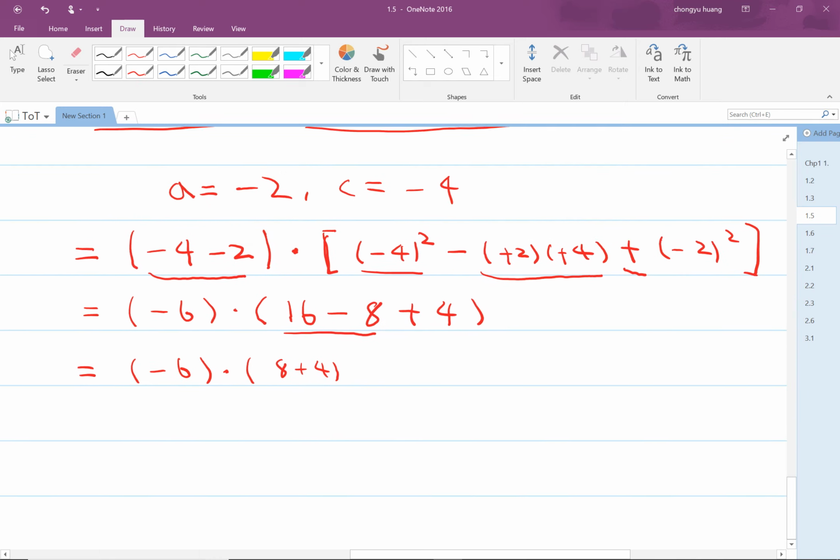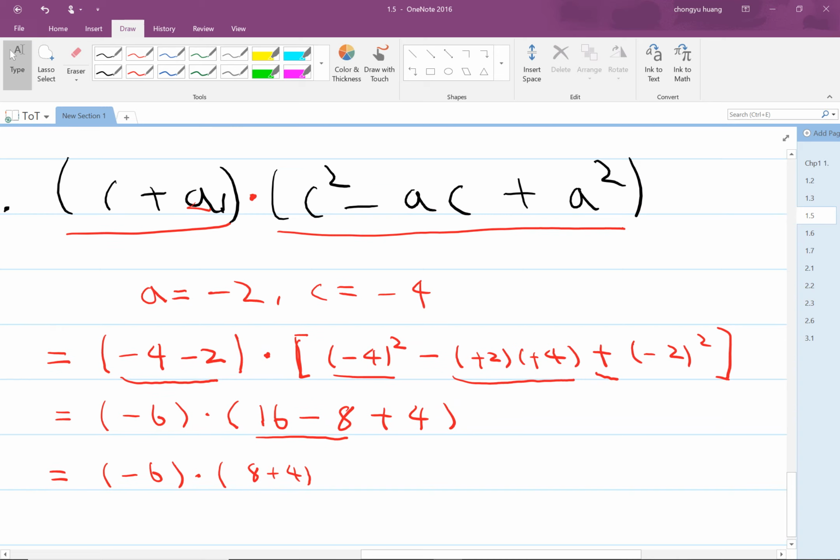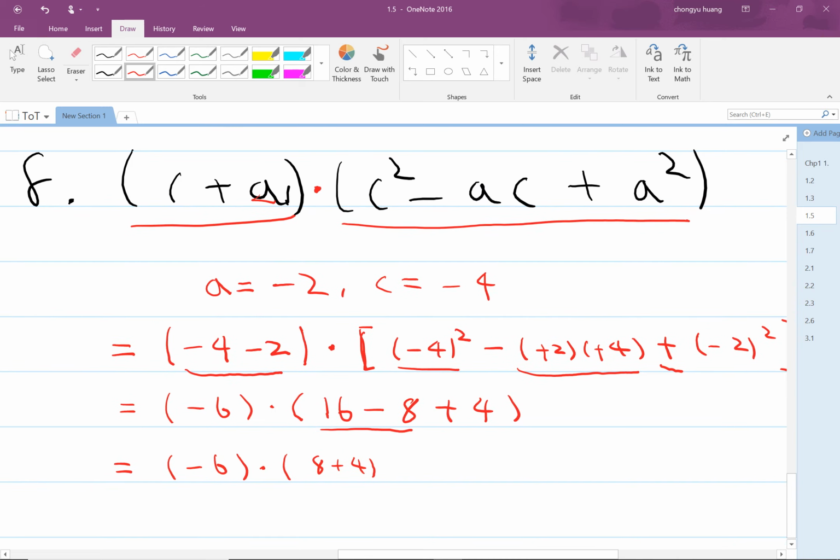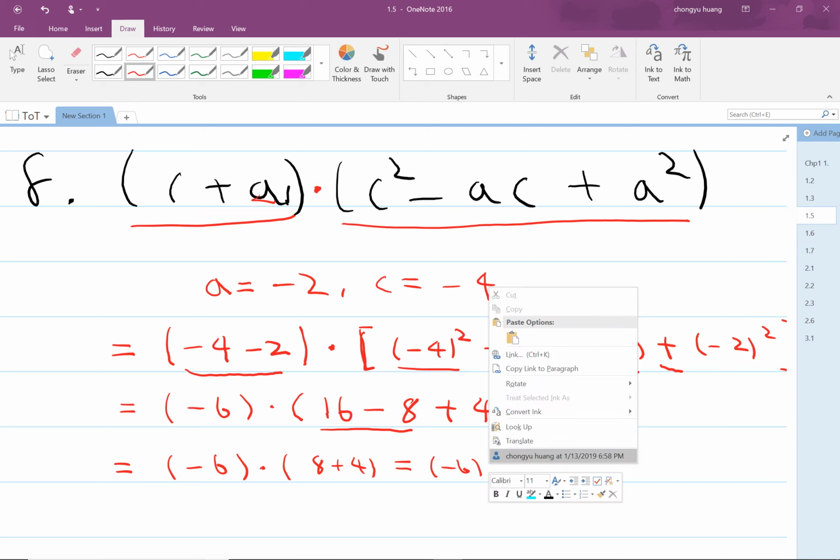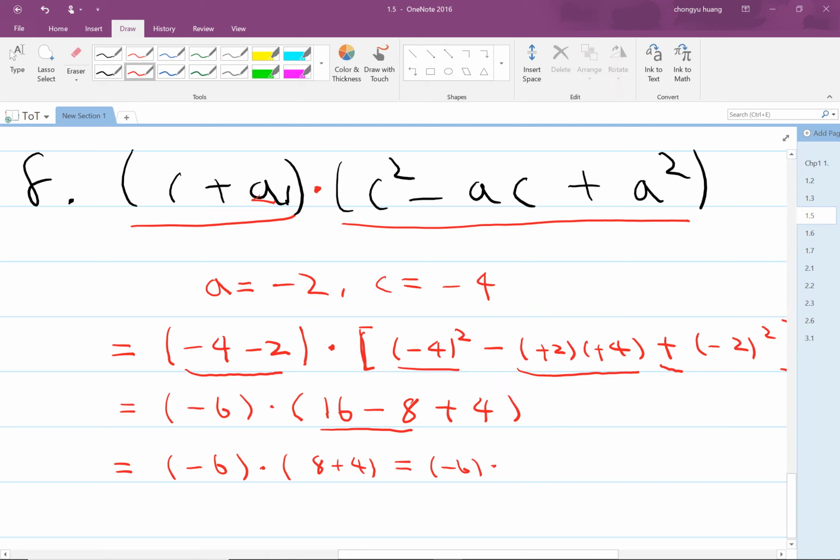And then what we have is equal to negative 6, so negative 6 still, just put it there. And then on the right hand side is actually 8 plus 4. 8 plus 4 is equal to 12, right?